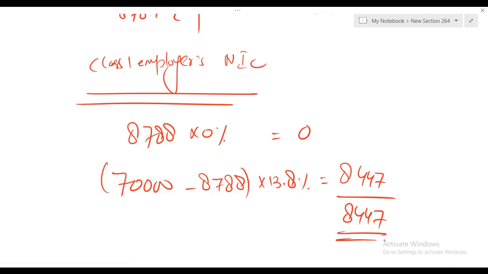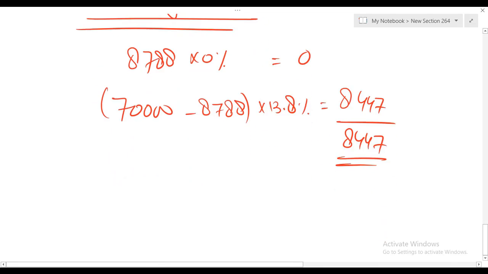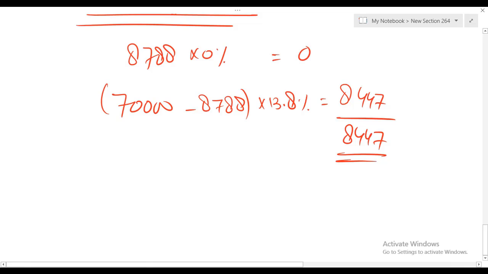Another very important concept is employment allowance. Employer gets employment allowance on class 1 employer NIC. Let me explain what it is.